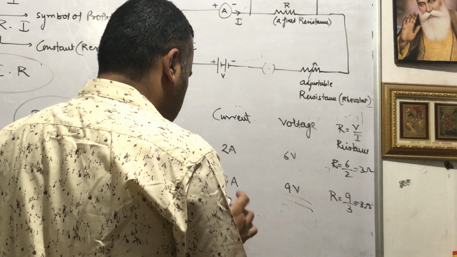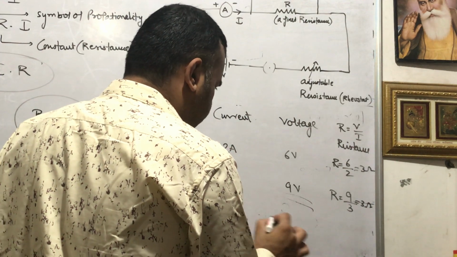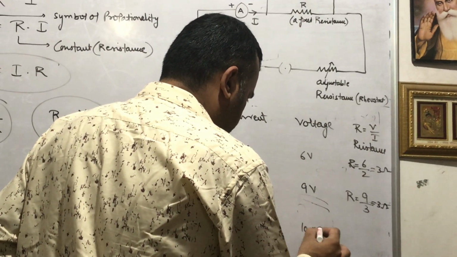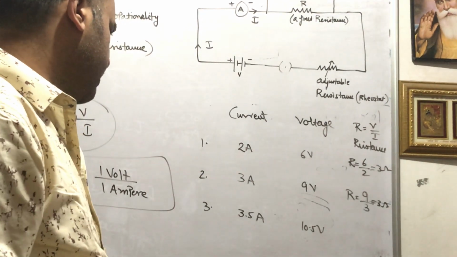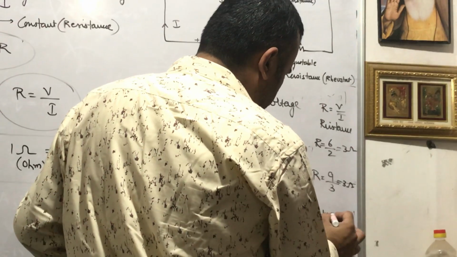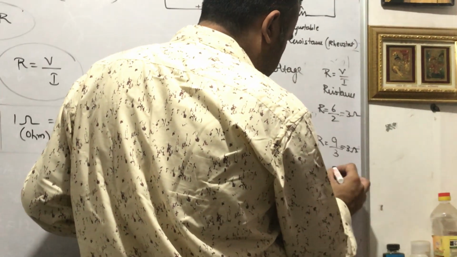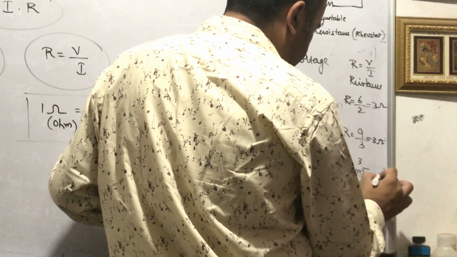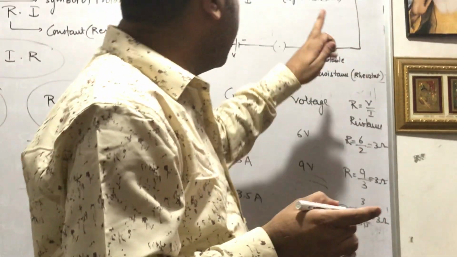Similarly, if current is 3.5 ampere and voltage is around 10.5 volt, you can calculate R = V/I = 10.5/3.5. Decimal cancels, 35 by 35, which is 3. All the time you will see the value of resistance is constant.